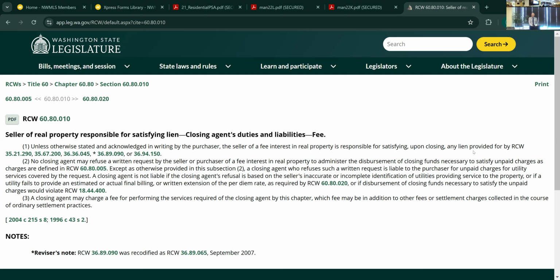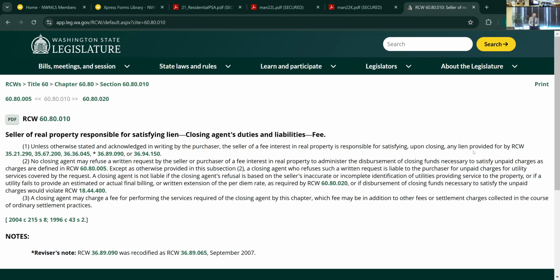A closing agent who refuses such a written request is liable to the purchaser for unpaid charges for utility services covered by the request. A closing agent is not liable if the closing agent's refusal is based on the seller's inaccurate or incomplete identification of utilities providing service to the property, or if a utility fails to provide an estimated or actual final billing or written extension of the per diem rate as required by the RCW 60.80.020, or if disbursement of funds necessary to satisfy the unpaid charges would violate the RCW.